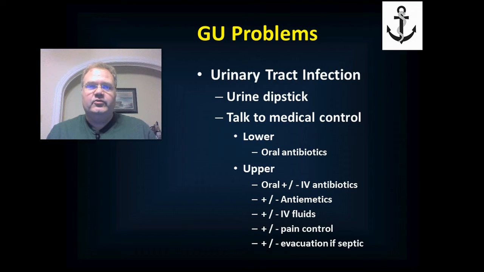If it is an upper tract infection, you need oral and possibly IV antibiotics. If they're really feeling ill, don't be surprised if you have to give them some IV fluids and anti-nausea medication and some pain control. And if they're really sick, high heart rate, low blood pressure, you may end up needing to evacuate them. But discuss that all with medical control.